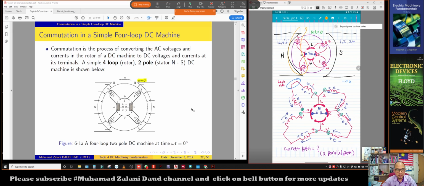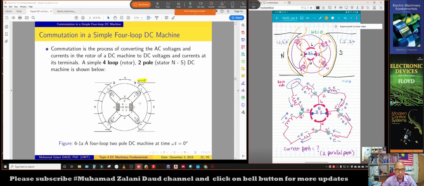Similarly, 1 prime, 2 prime, 3 and 4, which is here, are also under the pole faces. At omega t equals 0 degrees, all of the wire loops are under the pole faces, meaning each segment of the four sets of wire loops will induce voltage.